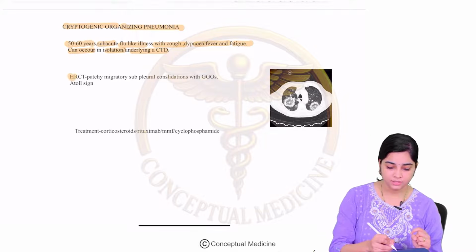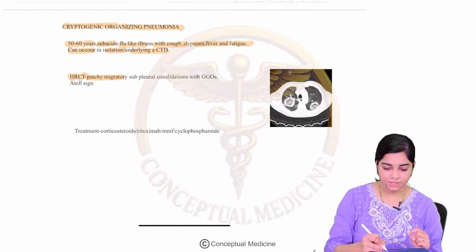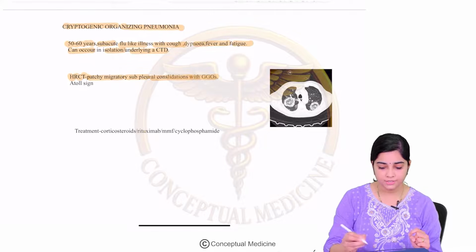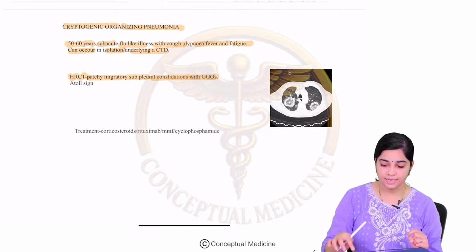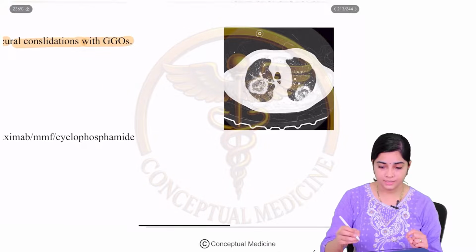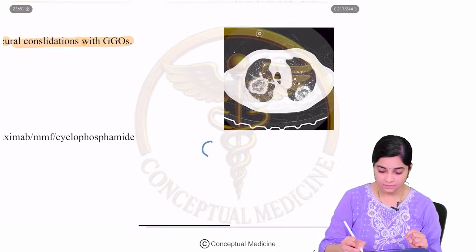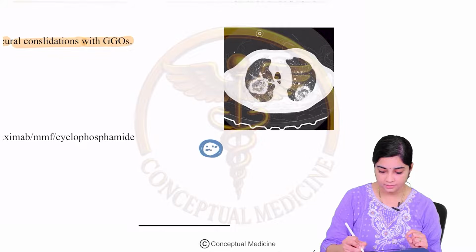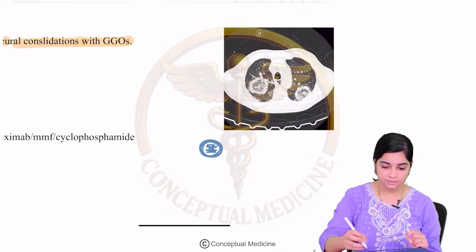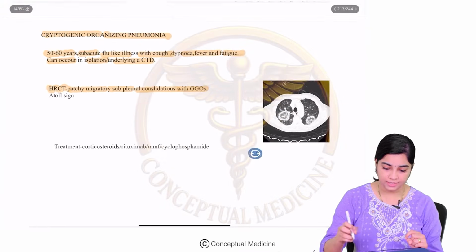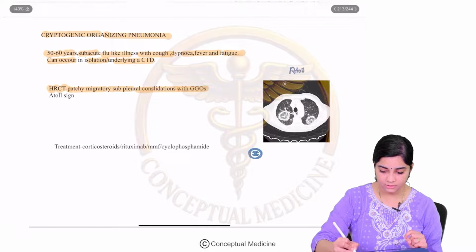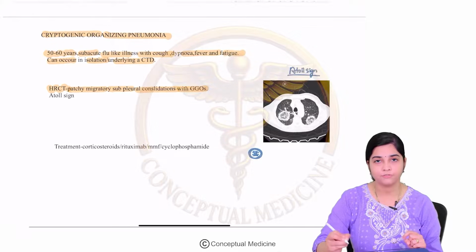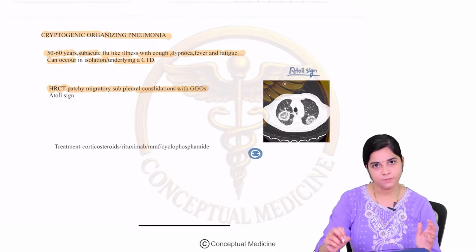Okay. So in the CT you find evidence of patchy migratory subpleural consolidations with ground glass opacities, and a very characteristic feature is a rim of thickened opacities with not much opacity inside, and this is what we call the atoll sign. So this atoll sign is a characteristic feature of an organizing pneumonia pattern.